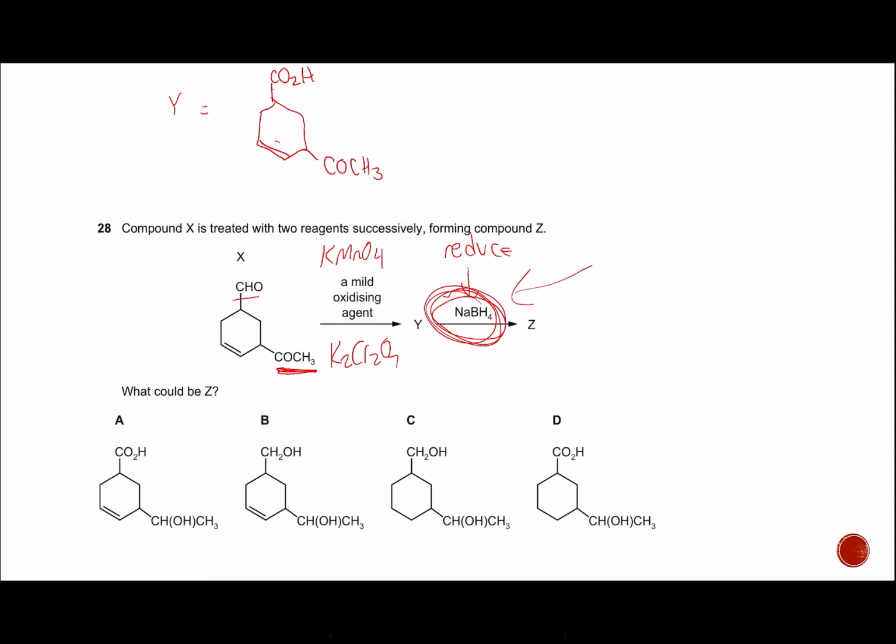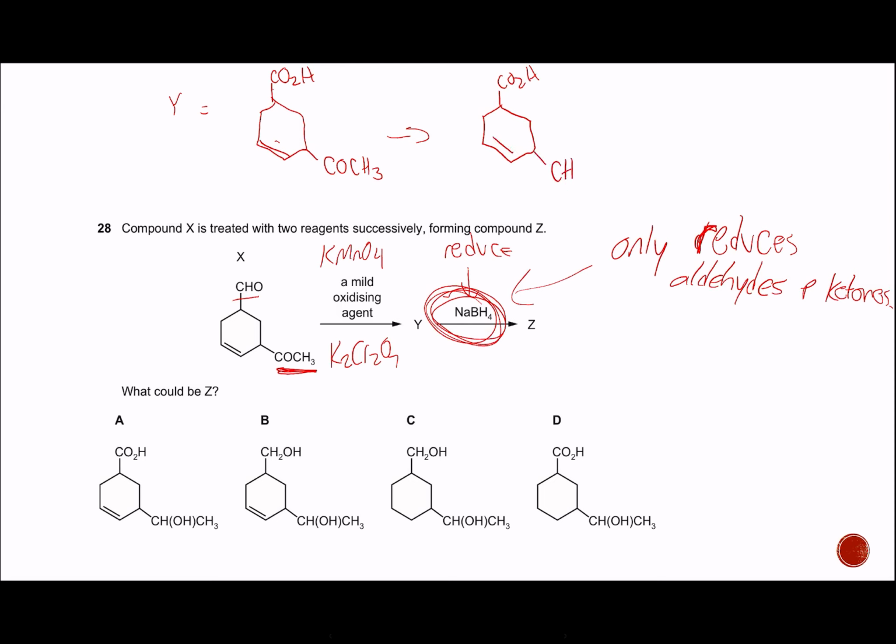But because I'm reducing with NaBH4, I don't know if you remember I said a little while ago that NaBH4 only reduces aldehydes and ketones. Therefore, the carboxylic acid would be untouched when you go to Z. And your final answer should be CO2H, double bond here, and CHOH, CH3. And that answer choice is A.